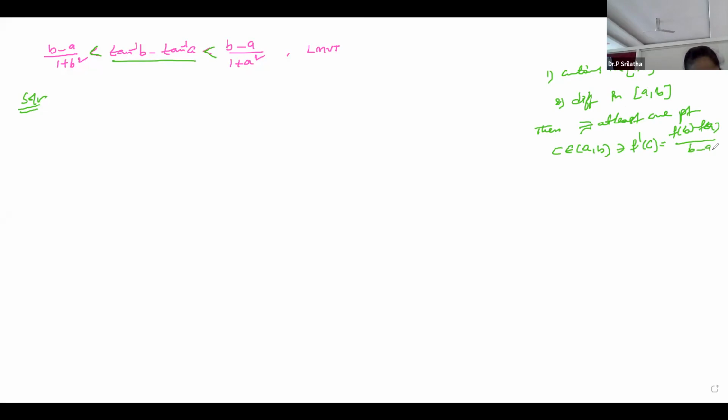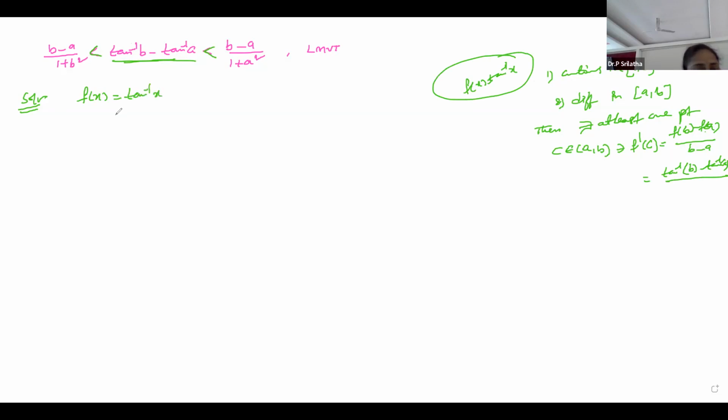According to our formula, if the function is tan inverse x, then this will be tan inverse b minus tan inverse a. That's why we assume that our function is tan inverse x.